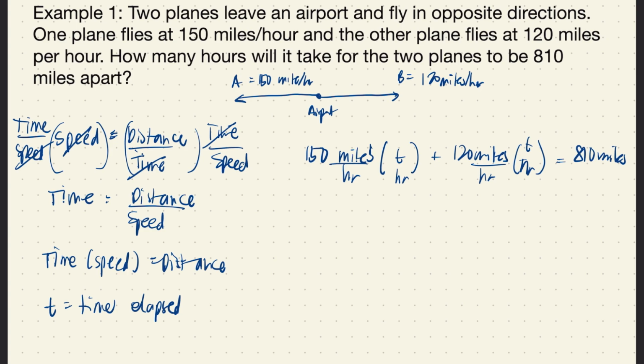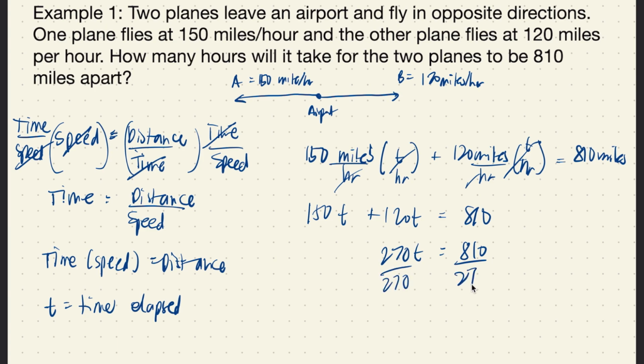As you can see, hours will just cancel out, but t will stay. 150t plus 120t is equal to 810 miles. Combining like terms, you have 270t is equal to 810. Divide both sides by 270. That will give you 3 hours.